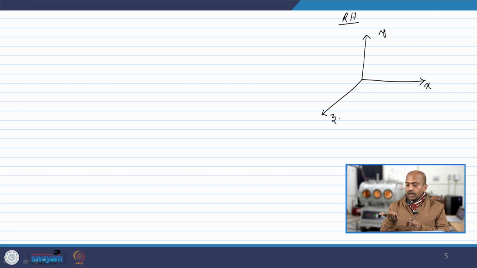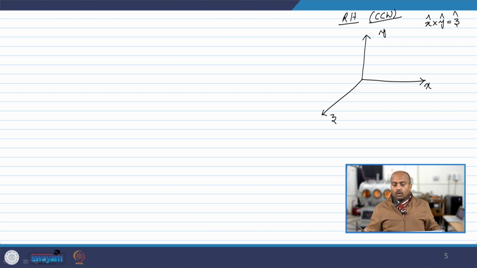So if you take your right hand, this is the counterclockwise direction, CCW. So you write the coordinates x, y and z in the counterclockwise direction, and what it means is x bar cross y bar is equal to z, x cap cross y cap is equal to z cap. This is the rule that this coordinate system will follow.